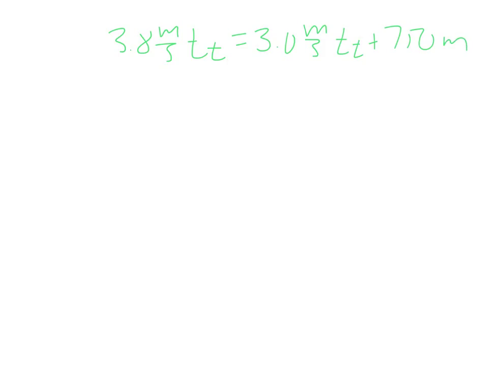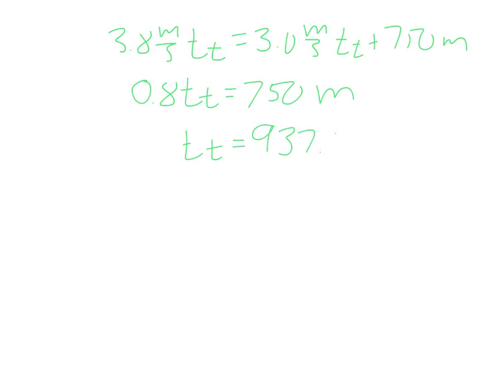My only unknown here is Tt, so let's solve. 3.8 minus 3 is 0.8. 0.8 times total time equals 750 meters. So total time equals 937.5 seconds.